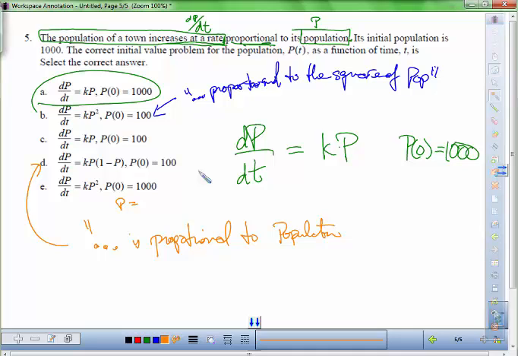Yeah, this would be one of those epidemic differential equations. So out of all the population, the P would be the ones that are infected, and then 1 minus P would be the ones that are not infected, right? So P, population, infected. Maybe they're zombies, right? 1 minus P, population, not infected.